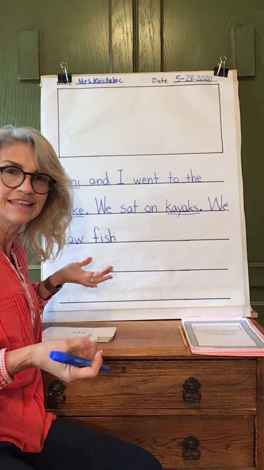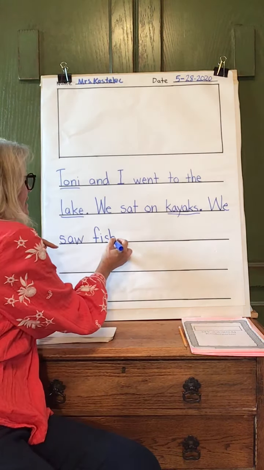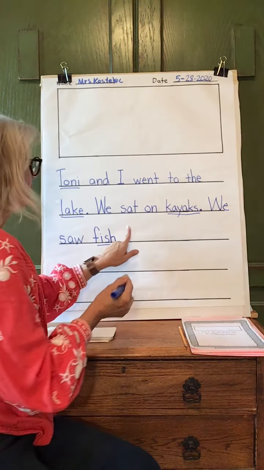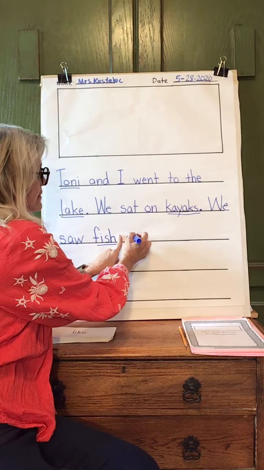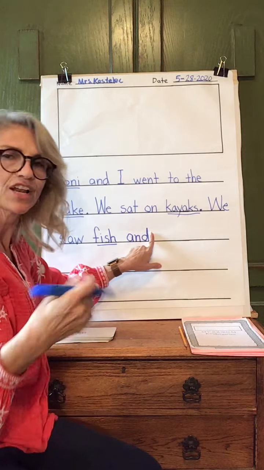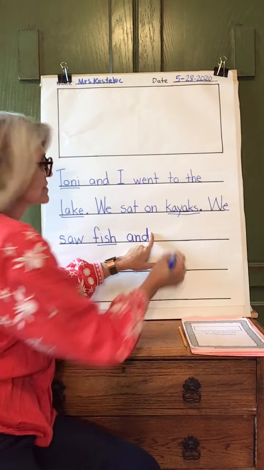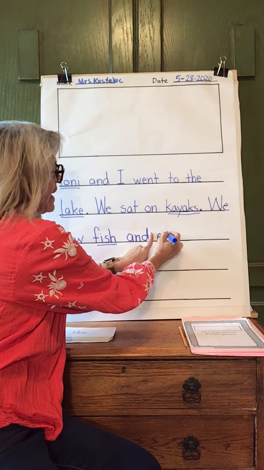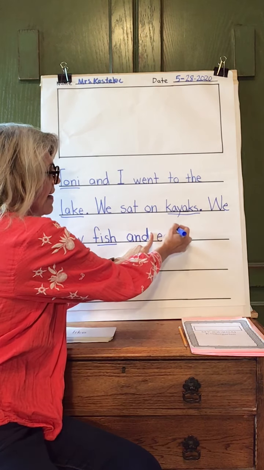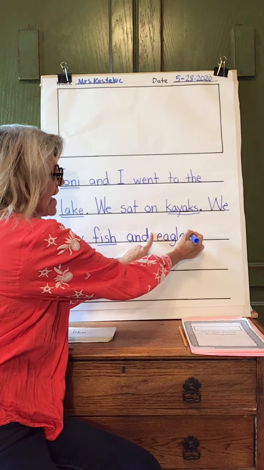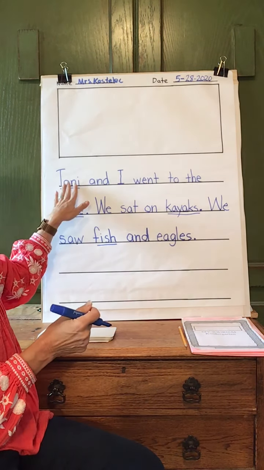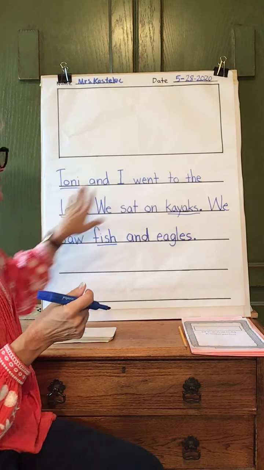It's amazing. So I'm going to go ahead and have a spaceman and, I'm going to underline that because you might use something else. And spaceman, and I'll show you how to write the word eagles. E-A, E-G-L-E-S, period.